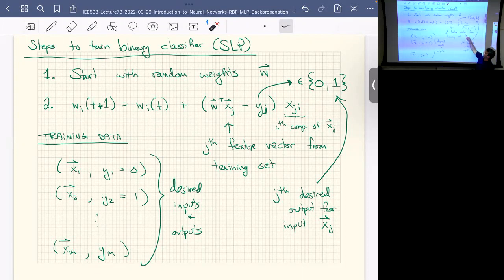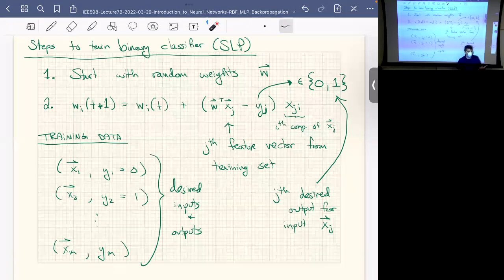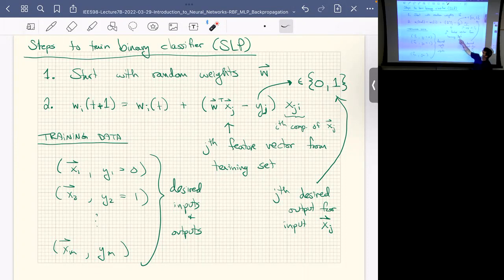So this looks a little bit like a gradient climber, but it's more of a heuristic. But we can show that if you apply this across every single weight, every single feature, and every single component of those features, then you'll end up getting a convergence to a weight that separates the data, so long as the data are linearly separable.